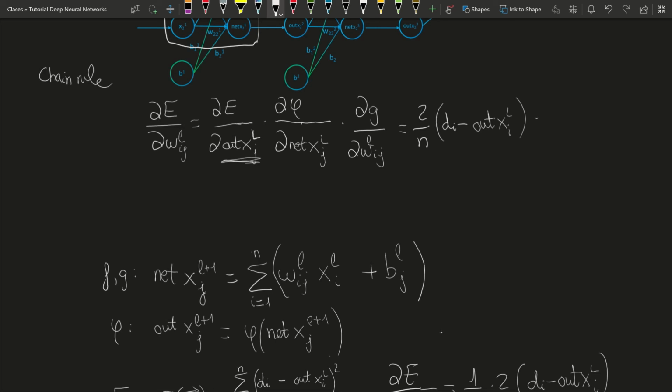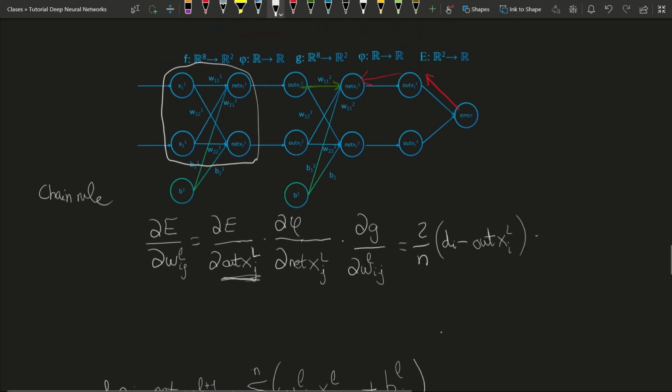Then this will be very simple, the derivative of this activation function. In the logistic function we saw in the previous videos, I will put the derivative here for you.